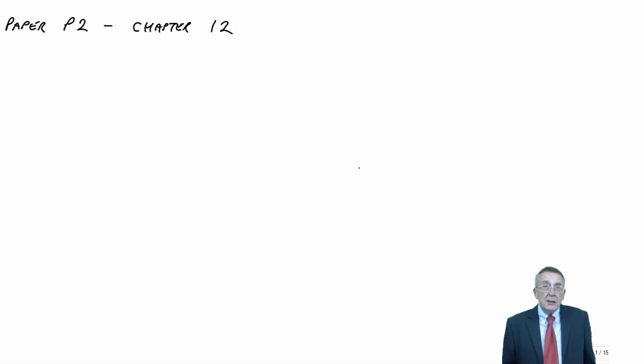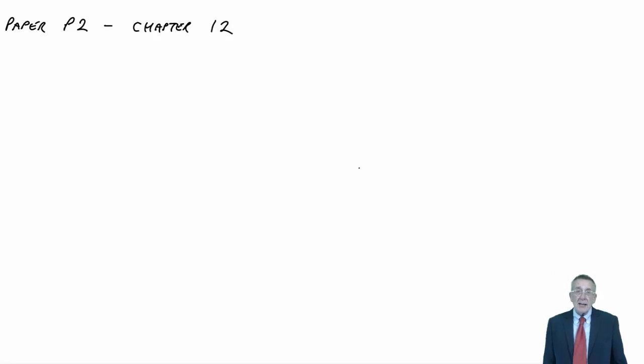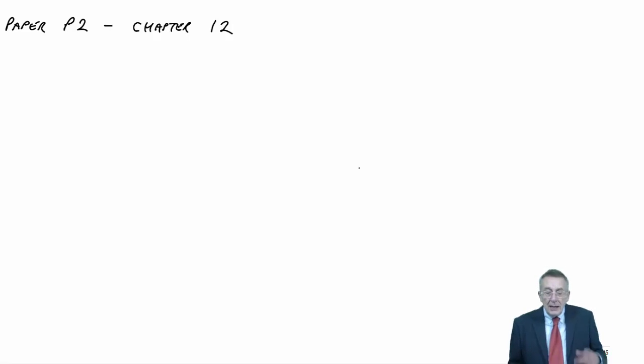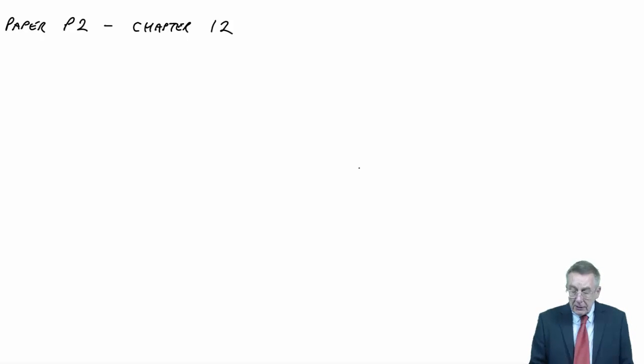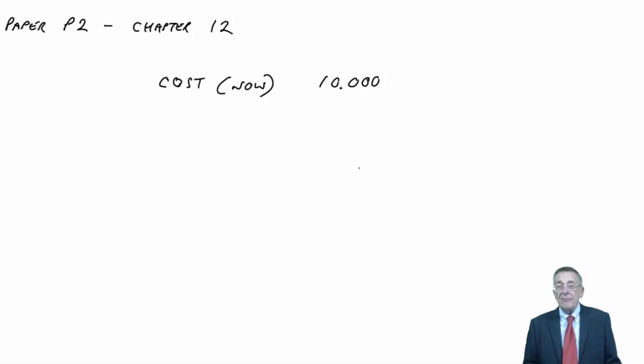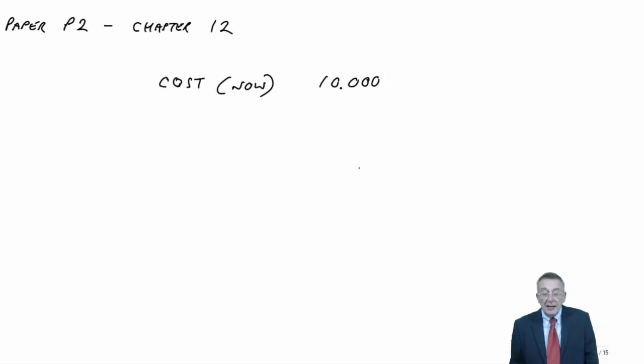So I'm going to start off by making up the simplest example of all, just to make it clear what I'm talking about, because although in the exam it becomes very mechanical, to a large extent you learn rules, it really is important that you know why we're doing it. Just suppose I told you we had a machine which would cost now 10,000, and it'll just give us one cash return.